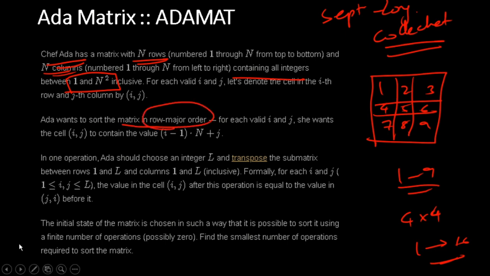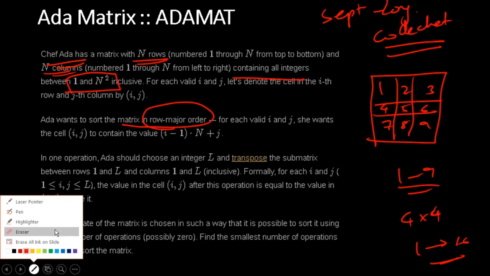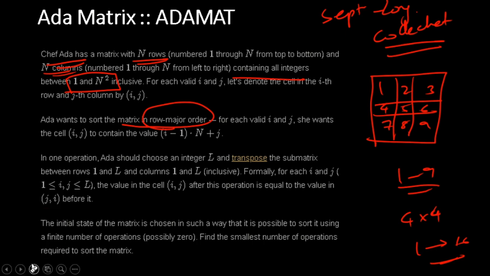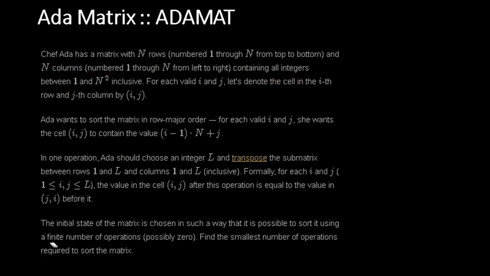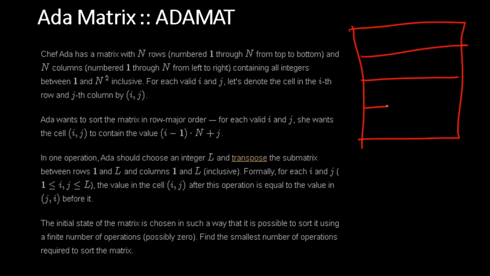What is sorting in a row major order? In a row major order, we populate things along the row, and when a row is filled up, we move on to the next row.